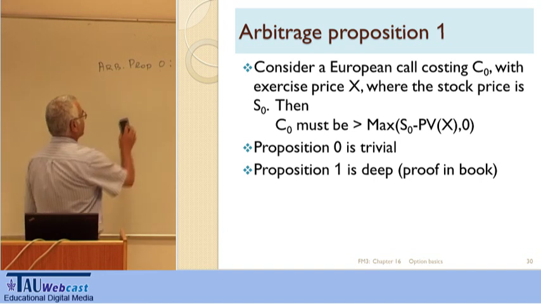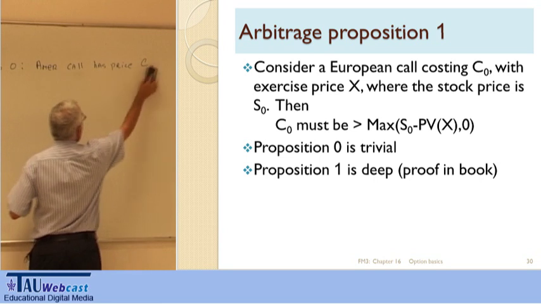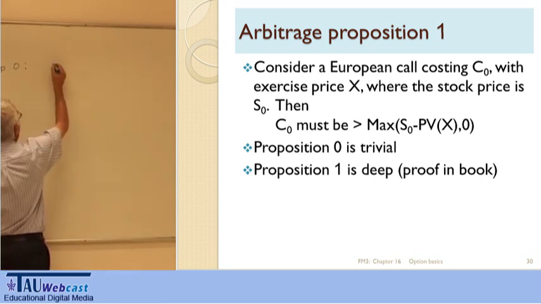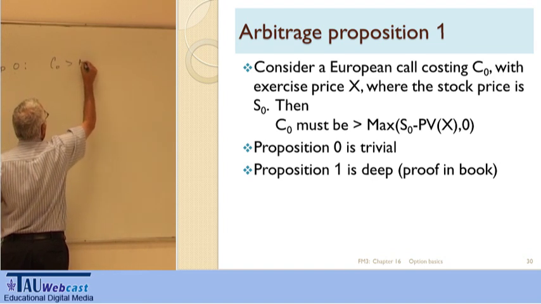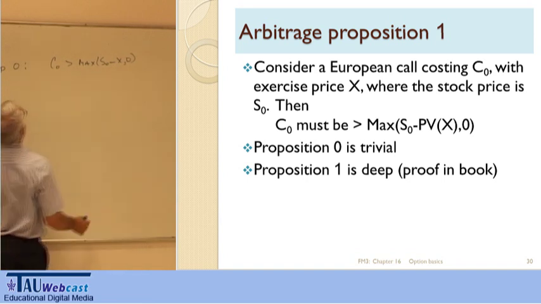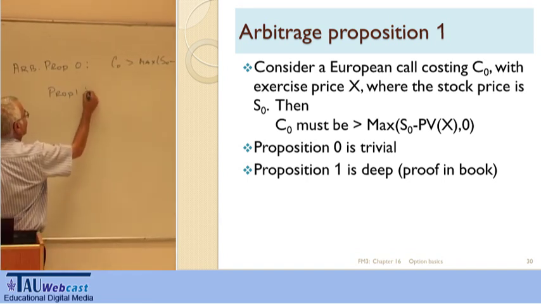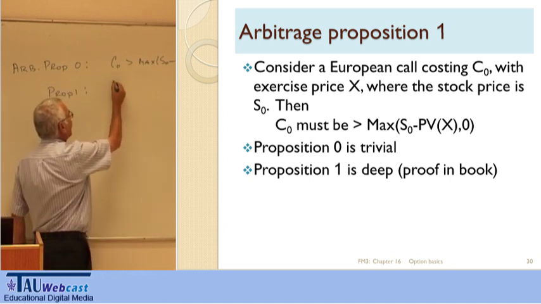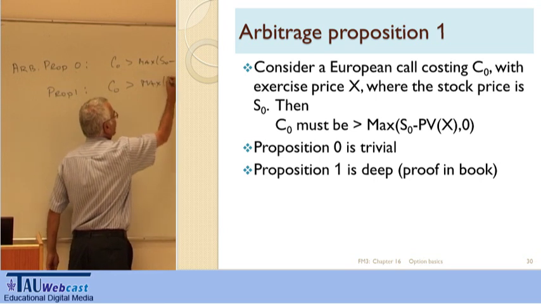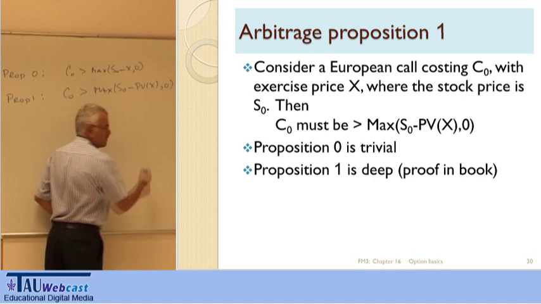This is the fact that says the call is bigger than max(S0 minus X, 0). This says that the call price is bigger than max(S0 minus the present value of X at 0, 0).